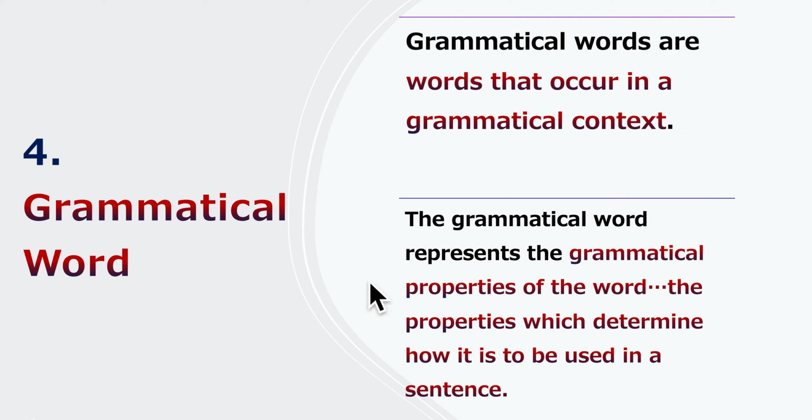Look, lexical item is a separate category of words to be defined in terms of its grammatical element, like noun, pronoun, verb, adjective, and so on. You can say parts of speech. But grammatical word is how a lexical item, a lexeme, is to be used in the context of a sentence, in the context of grammar. That is called the grammatical word. We move on to the next.